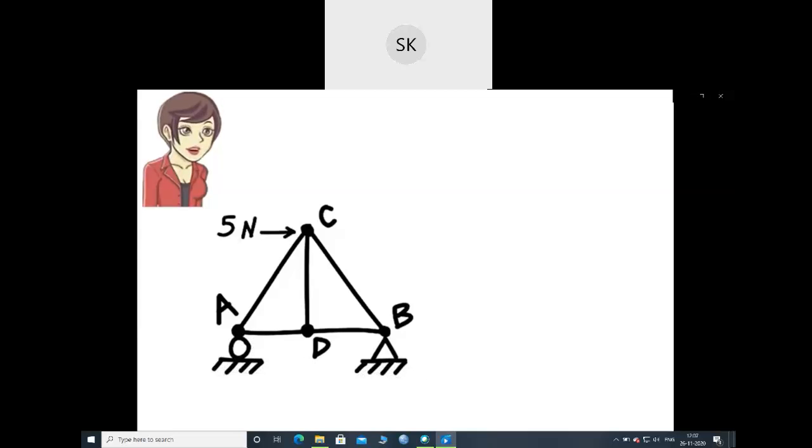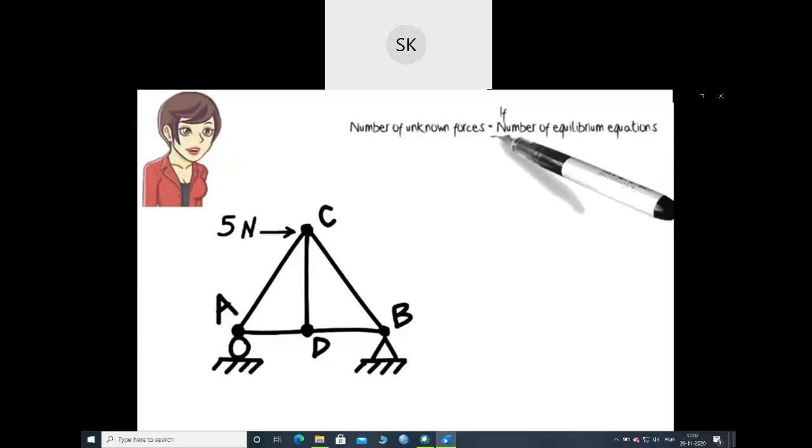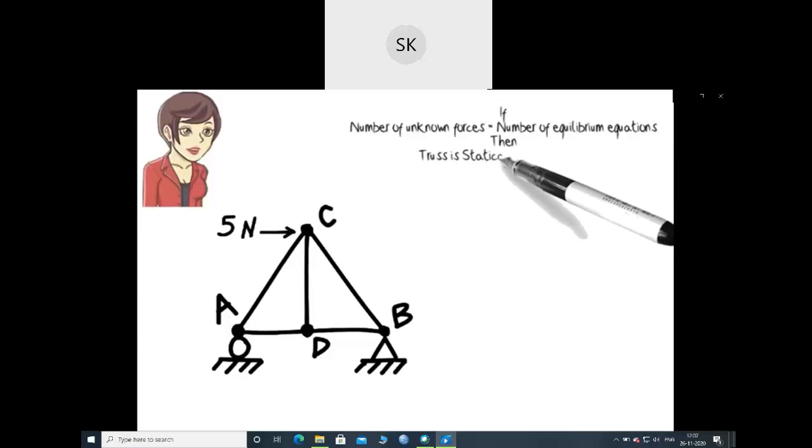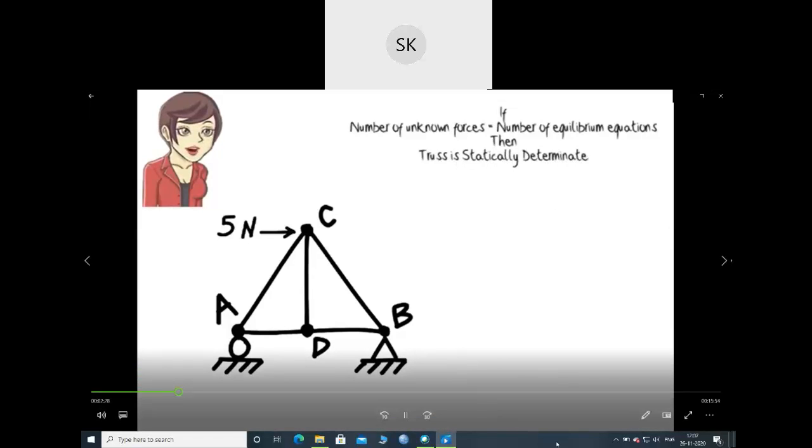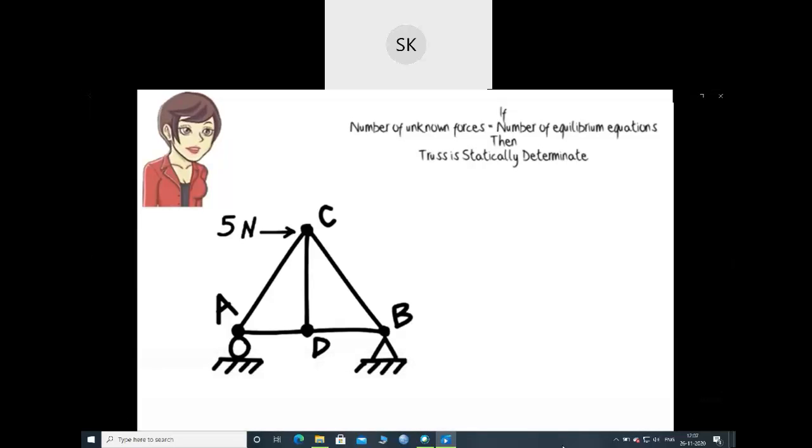A truss is said to be statically determinate if its member forces can be calculated solely using the equilibrium equations. Algebraically speaking, if the number of unknown forces equals the number of equilibrium equations, then the truss is said to be statically determinate. So, how many equilibrium equations can be written for a truss structure?